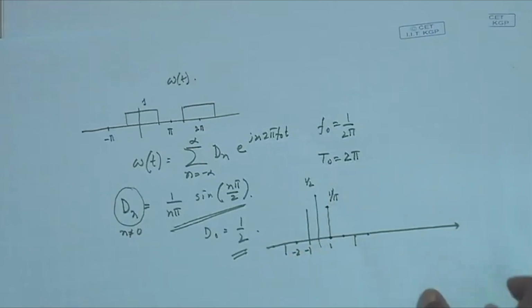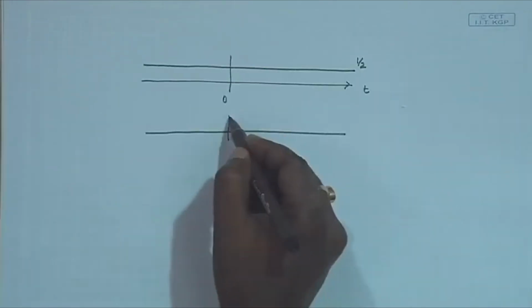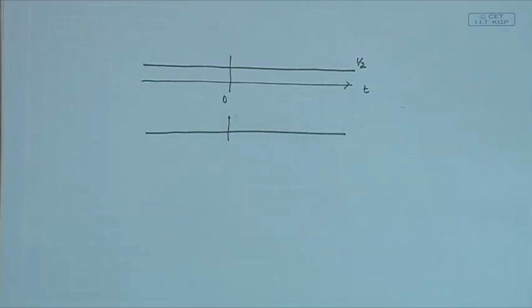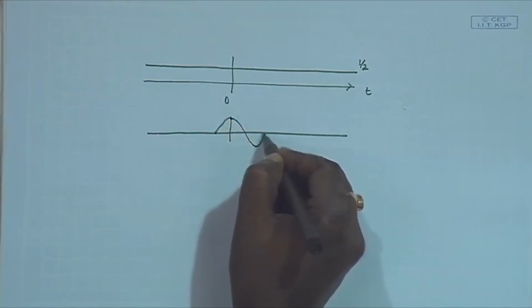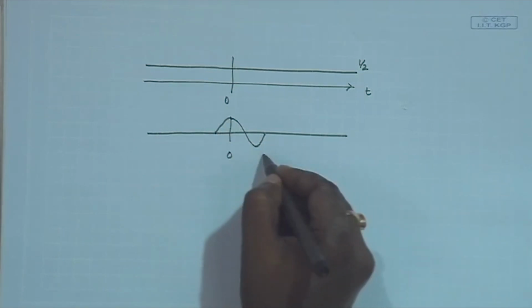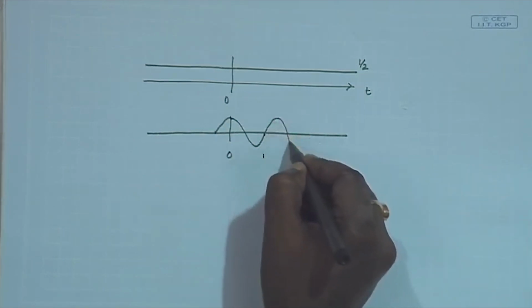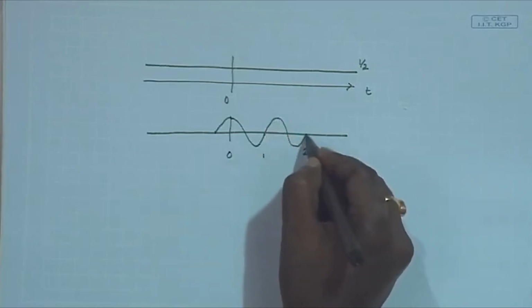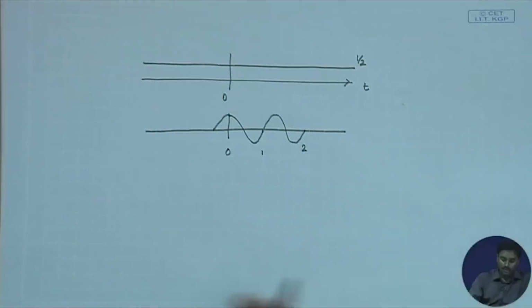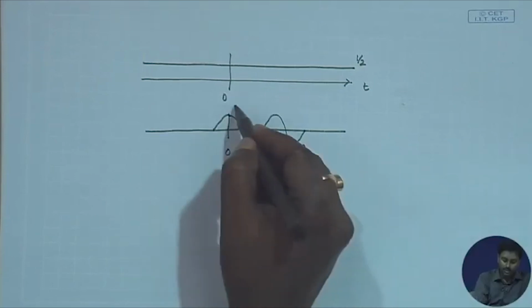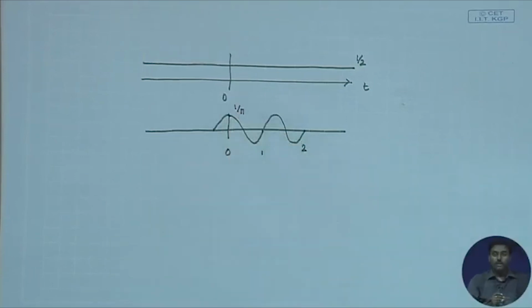All we have to do is draw a cosinusoidal of frequency 1, that means the period is 1. So, if this is 0, this must be 1 and so on, it repeats after every this one. So, the period is 1, and the strength should be 1 by pi as we have got. And remember, because the phase is 0, the cos actually starts from here only, 0 phase.